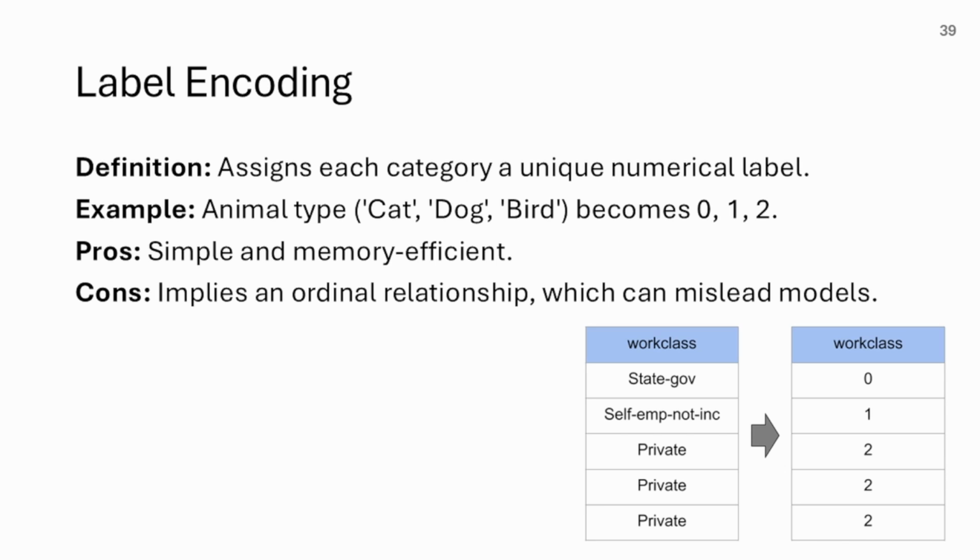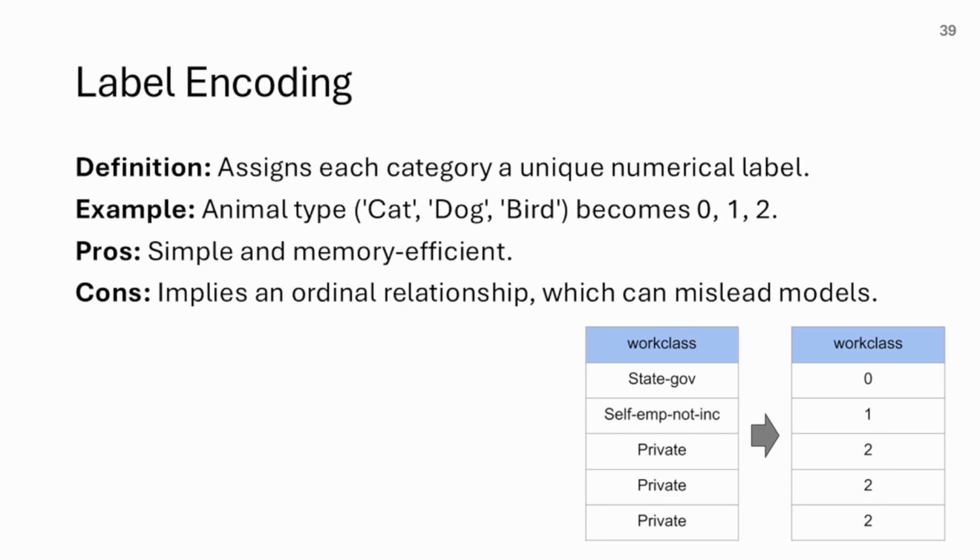It is simple, it is super memory efficient. Please keep in mind that it implies an ordinal relationship which can mislead models. For instance, if cat is 0, dog is 1, and bird is 2, it doesn't mean that cat is better than dog, or dog is 1 plus cat, and bird is like 2 dogs or whatever.